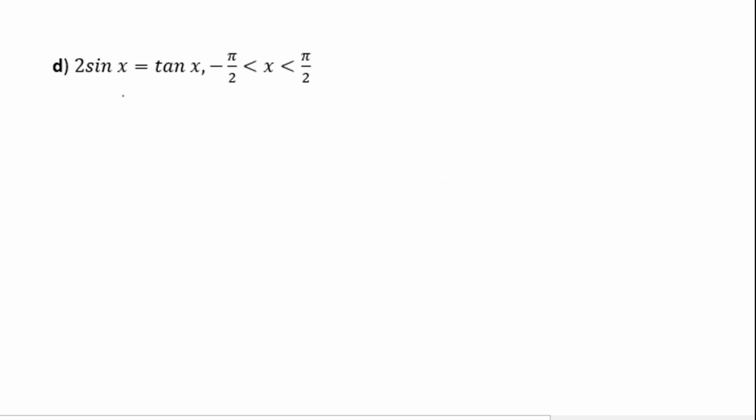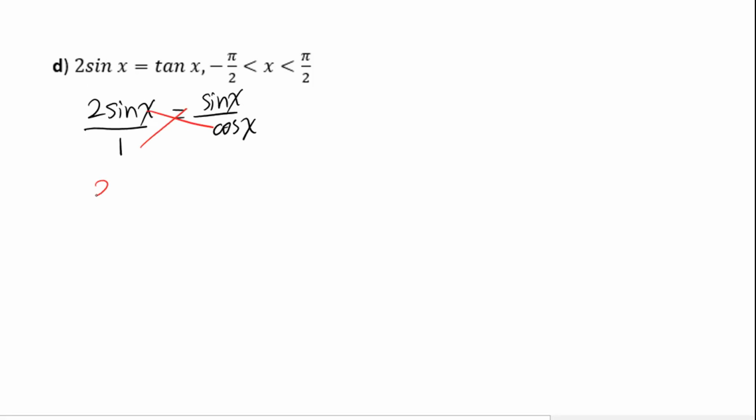Let's go to question D. 2 sine x equals tangent x, with x greater than negative pi over 2, less than pi over 2. For tangent x, we will change into sine x over cosine x. Then we will do cross multiply.